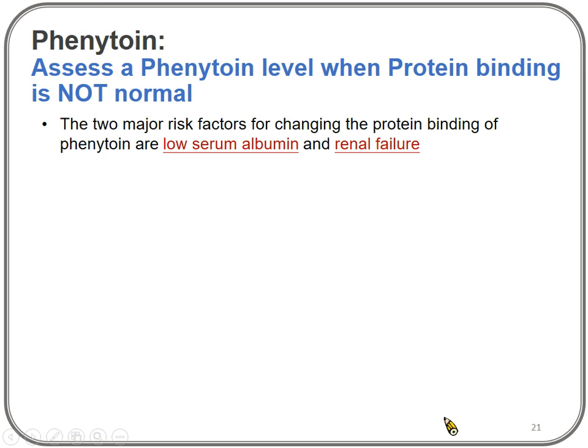But there are not only 2, but the major 2 risk factors for changing this disposition of protein binding are: first, the lower serum albumin below the normal range, or second, if a patient has a renal failure condition.